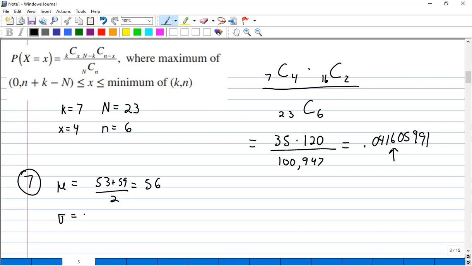And then the formula for the standard deviation was B minus A divided by the square root of 12. I could explain to you why that square root of 12 is there, but I would probably need to use some calculus to do so. So just take my word for it. There's a square root of 12 in the formula. All right, so that's going to be 59 minus 53 divided by the square root of 12.